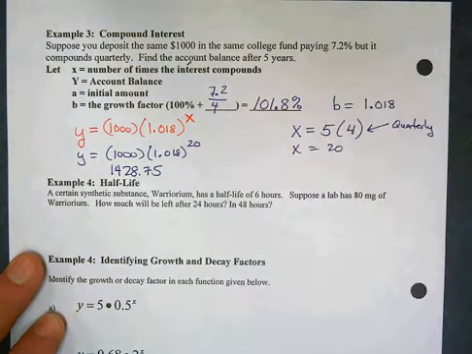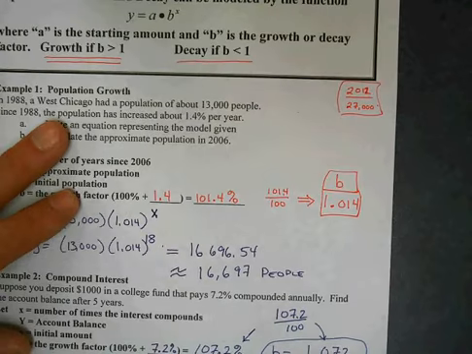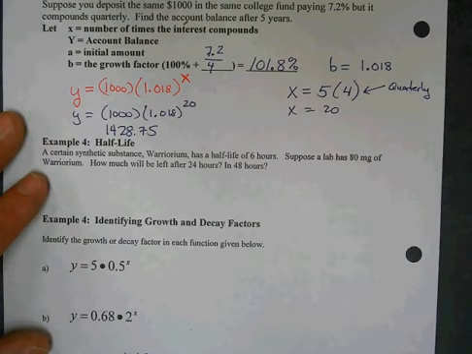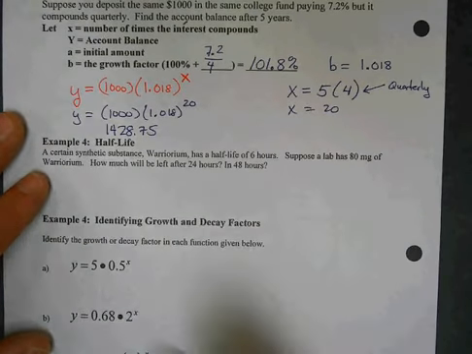What was the amount on the previous page? 1415. So we made how much more money? Yeah, $13.